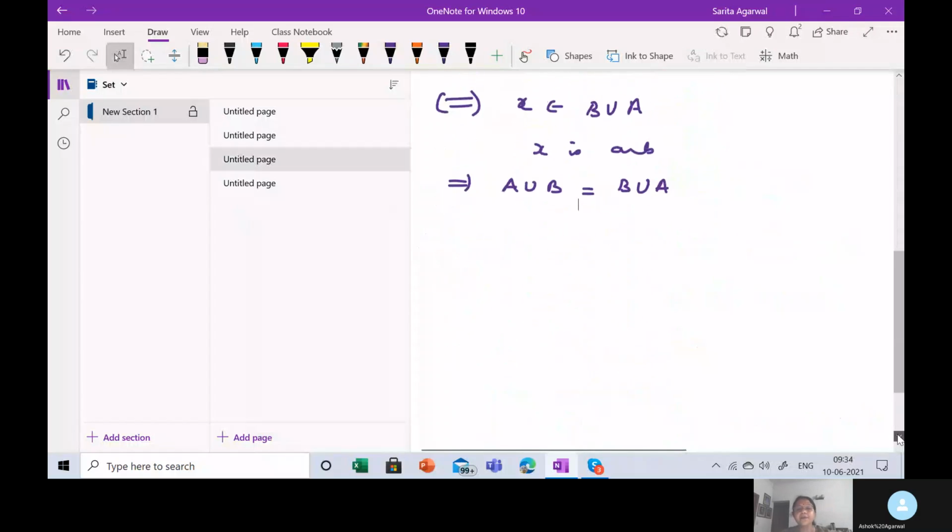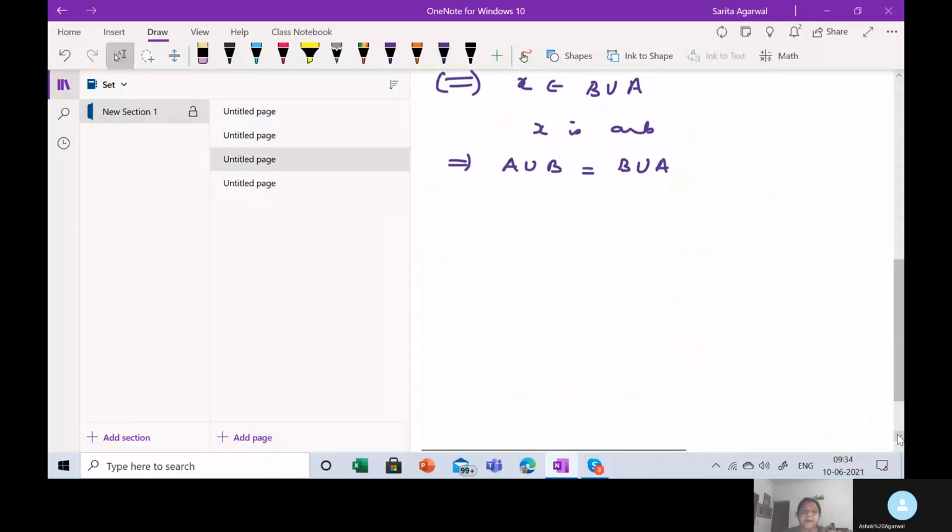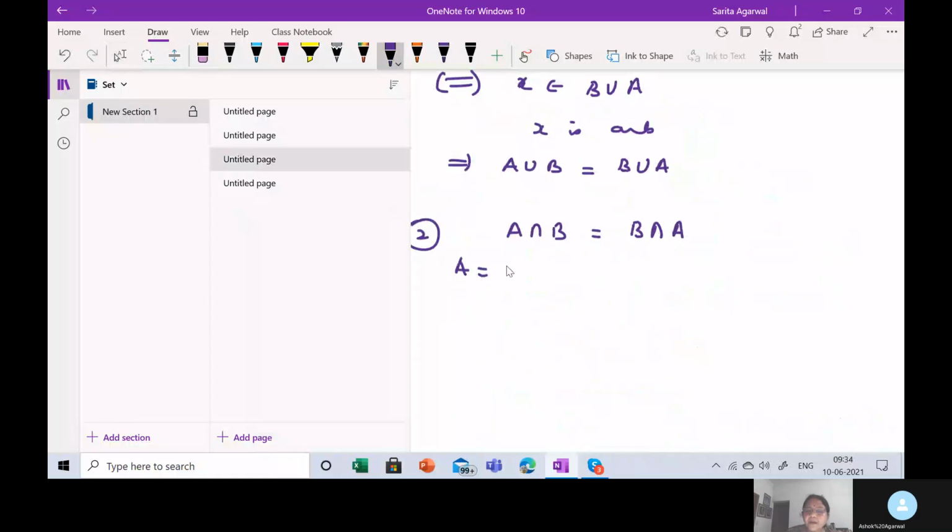Now we are coming to the commutative property in intersection. Right? So that means A intersection B is equal to B intersection A. The example: A has 1, 2, 3, 4, and B has 3, 4, 5.